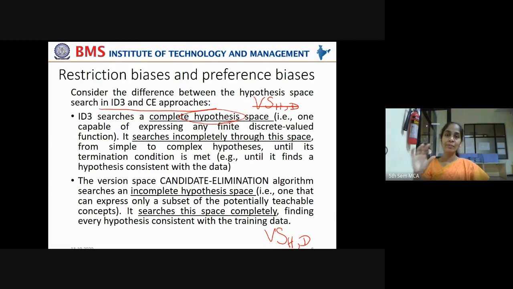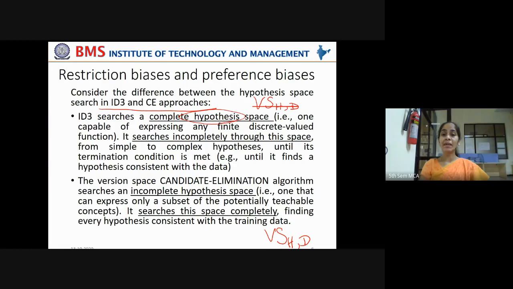It means the hypothesis space is complete. It contains all possible solutions for the problem at hand. It has all possible hypotheses consistent with the training examples, right? That is why we call it a complete hypothesis space. Now, the ID3 algorithm searches incompletely through this space.